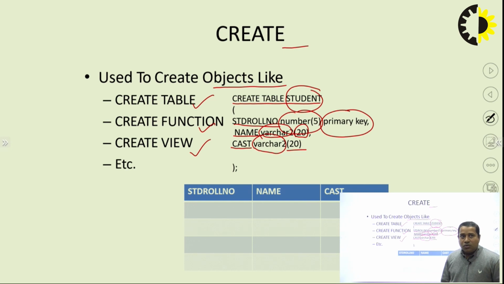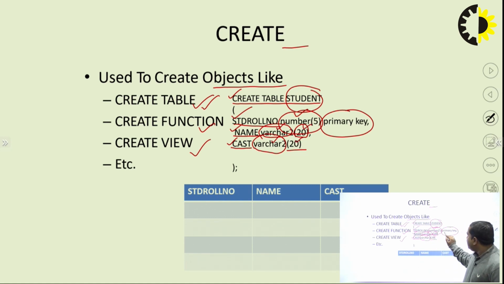So for creation of these objects, we will discuss the example of creating a table. Here we have create table student with attributes student roll number, student name and caste, along with their data types and size.